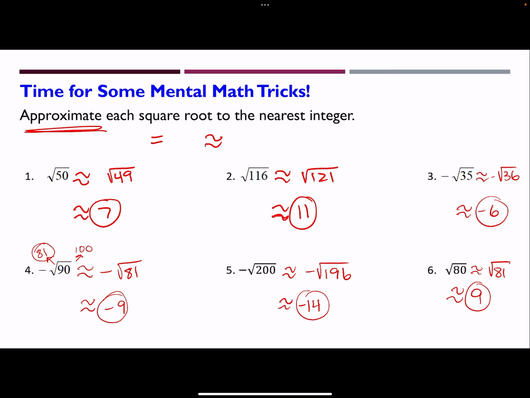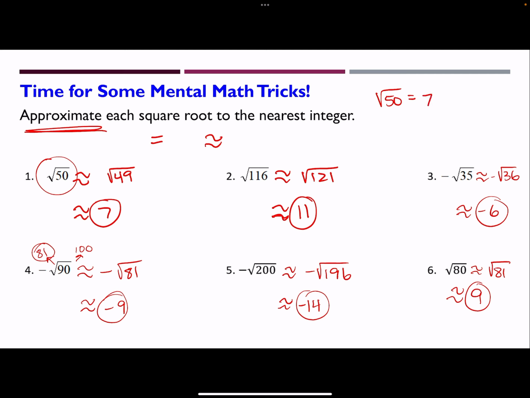All right, so this is really useful to estimate what these square roots are close to. But here's the thing, and you can check on your calculator. If you were to type in the square root of 50, you're going to get a decimal.